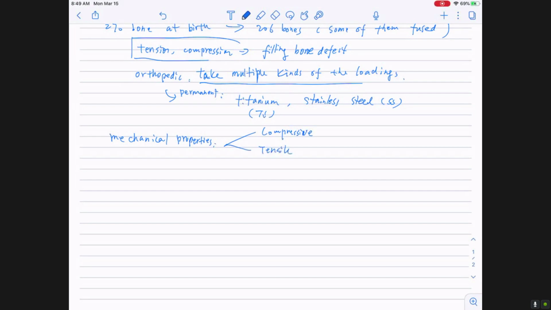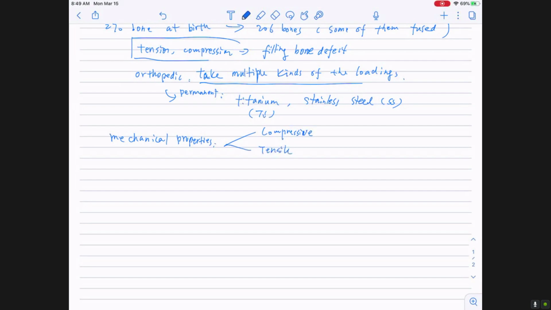You think about that, we call it the stress shielding effect. That means the host bone will generally lose its loading function.